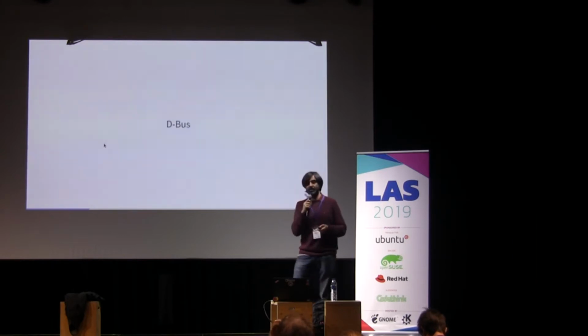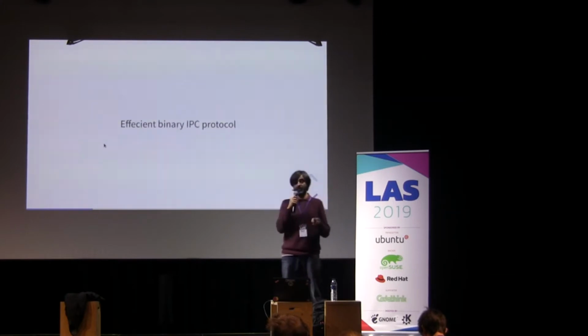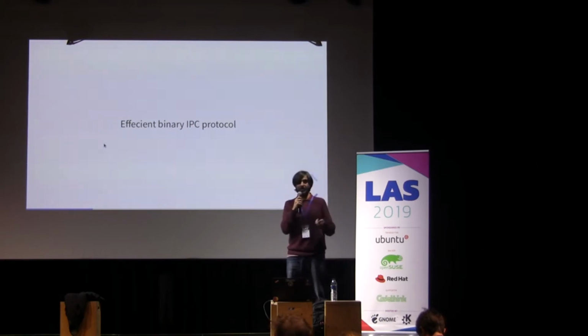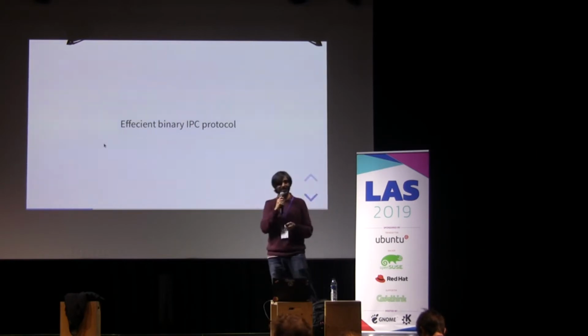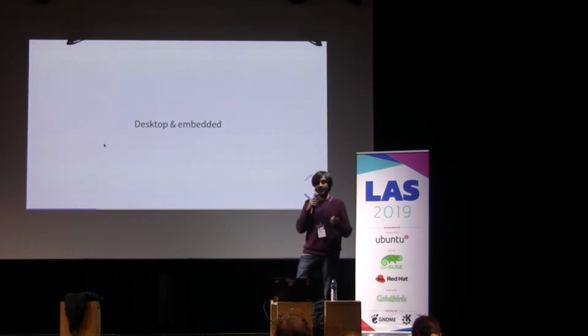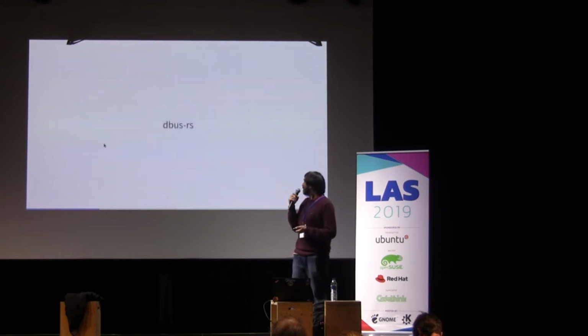And the other challenge was ZBus, the interprocess communication protocol, which is very efficient and used on the desktop. I don't know if I need to tell this audience what that is, but it's very famous not just in the desktop world, but also in the embedded world. It's used a lot for IPC.